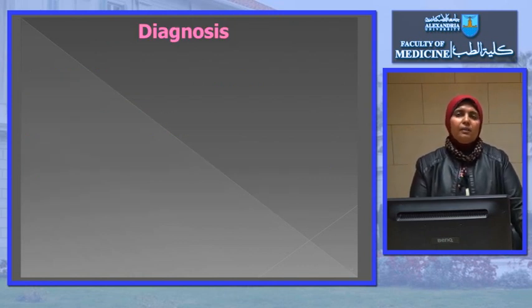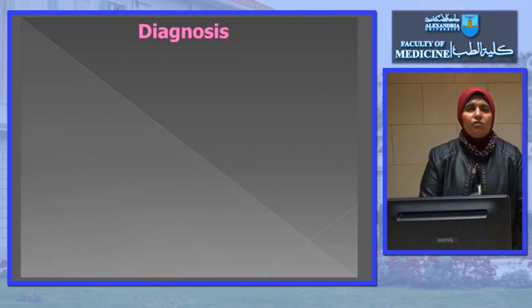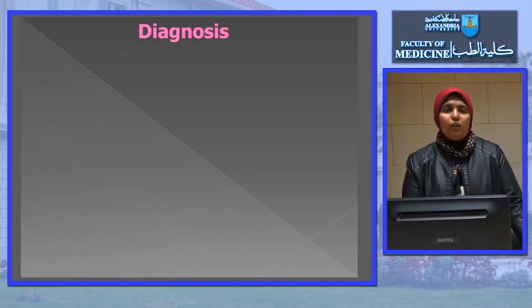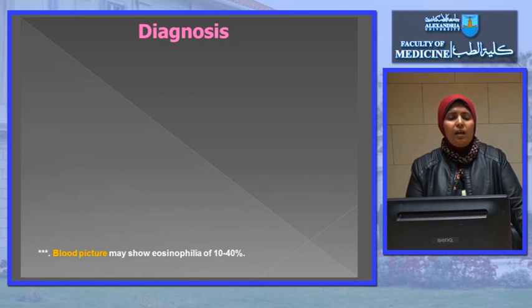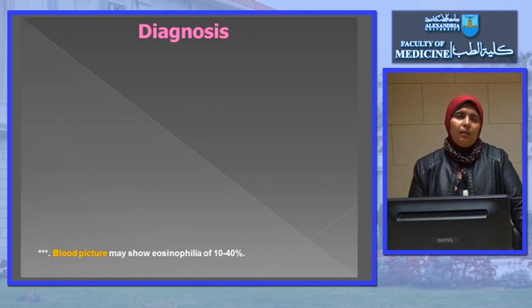Diagnosis. How can we diagnose a case of Strongyloides stercoralis? If it is a light infection, it could be accidentally diagnosed through the eosinophilia. Maybe this person is just doing a complete blood picture analysis and finds high eosinophilia. This high eosinophilia could be linked to parasitic nematode infection.